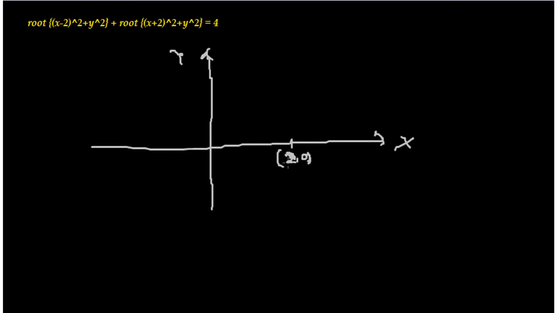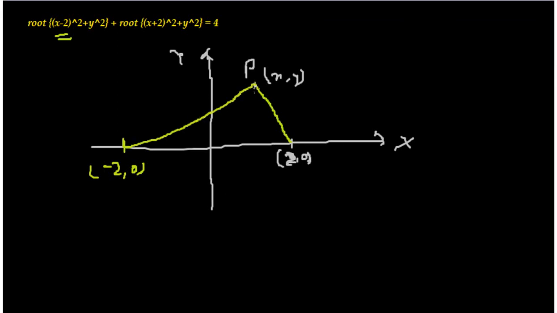If we have a point (x, y), let's call it P, this distance is nothing but the first expression. And (x plus 2) square plus y square, the second expression, shows the distance between the point and (minus 2, 0), which is this distance. Let's call this length A and let's call this length B.